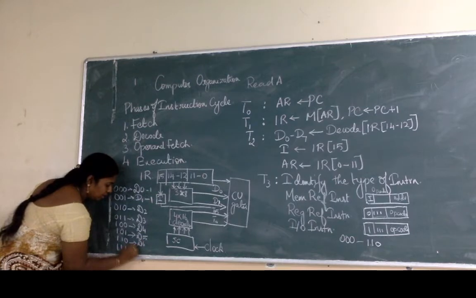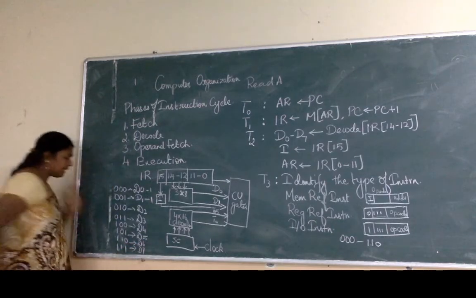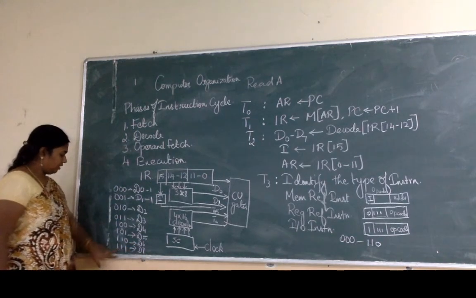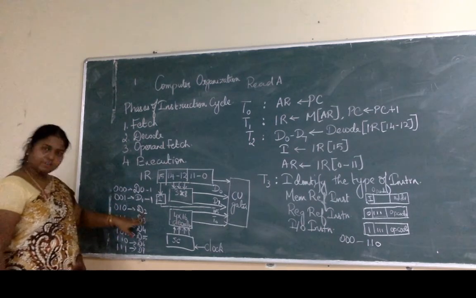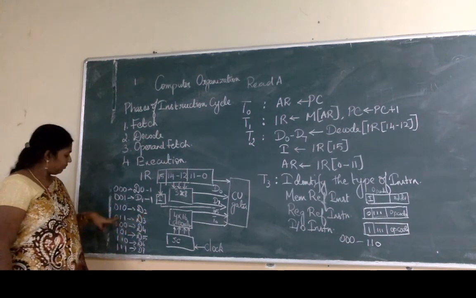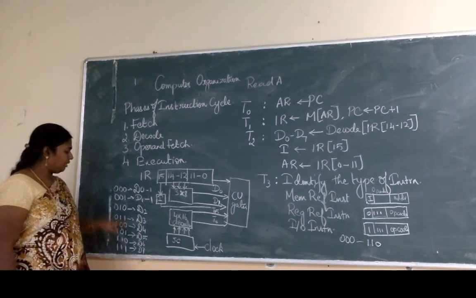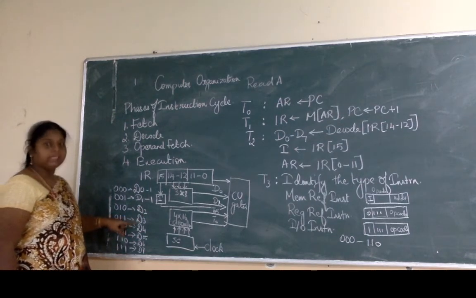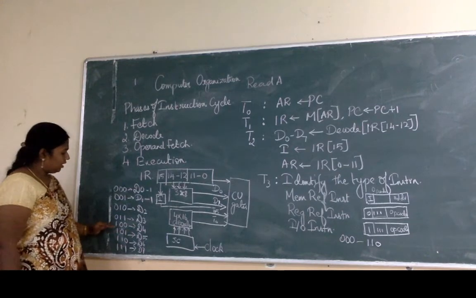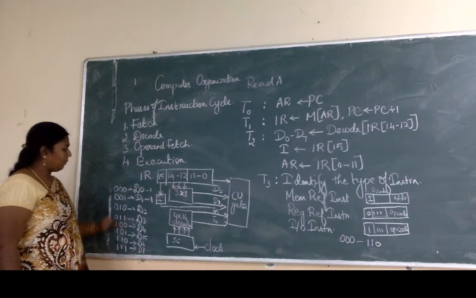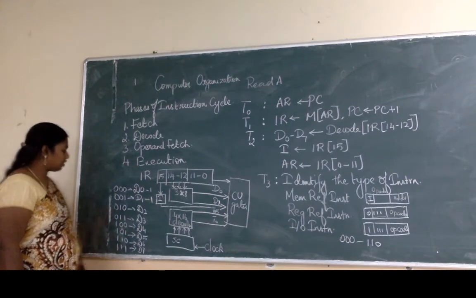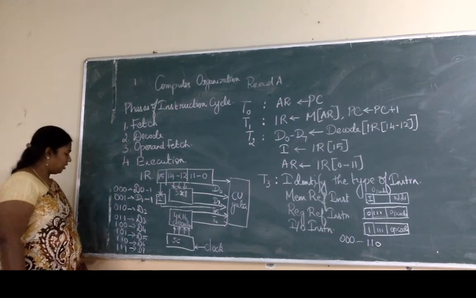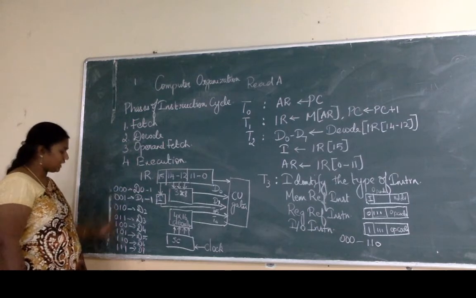Now, D7. 0, 1, 0 gives an output of D2 high, 0, 1, 1 makes the output of D3 high, 1, 0, 0 gives the output of D4 as high, and the rest of the signals are made 0.